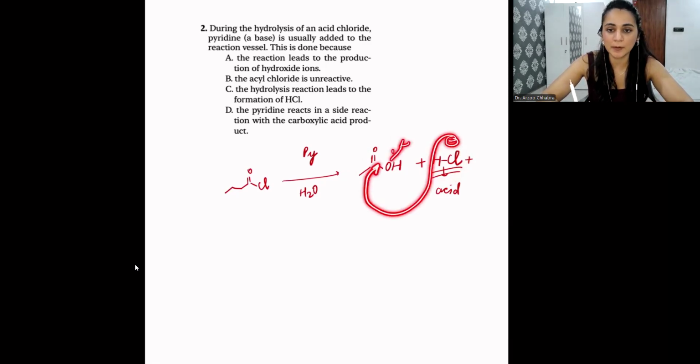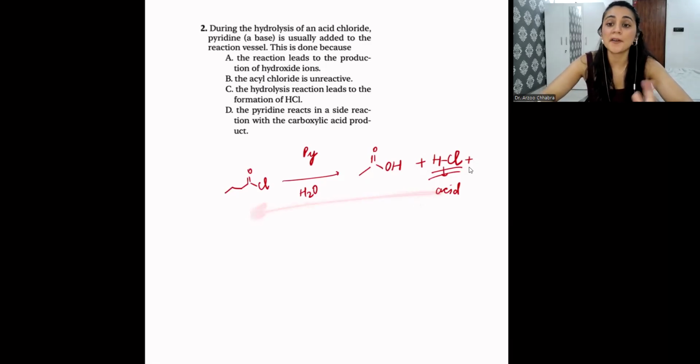It can also form water as well, so then water would just be the side product, and the acid chloride would just be the starting material again. To avoid the reversibility of the reaction, they add the pyridine. So HCl can be neutralized, and the reaction can actually become an irreversible reaction.